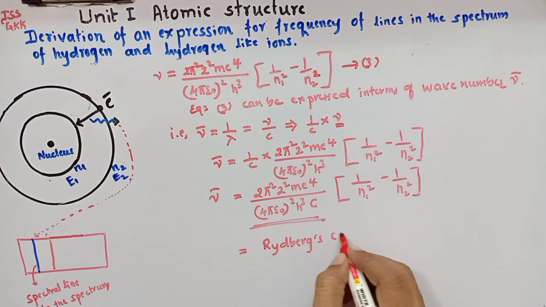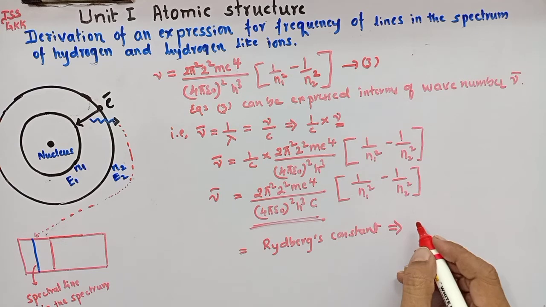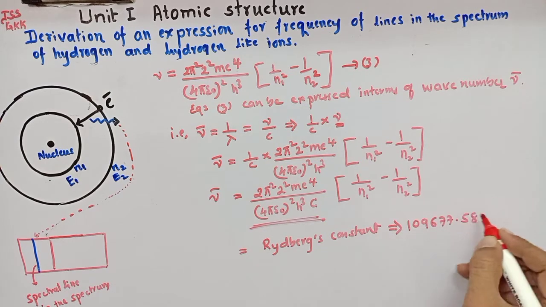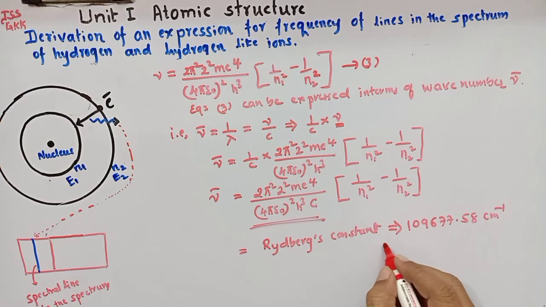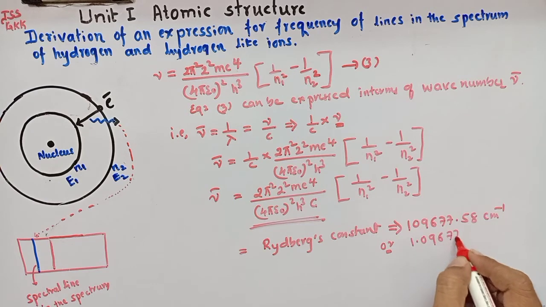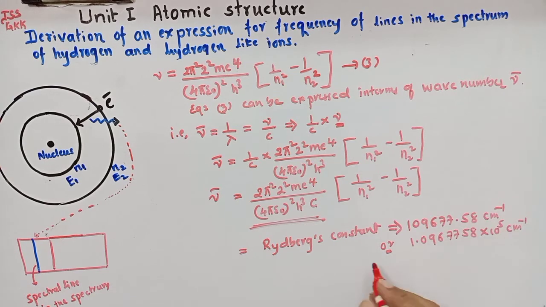Rydberg constant, and its value is equal to 109,677.58 per centimeter, or 1.0967758 into 10 raised to 5 per centimeter, or 109.686 into 10 raised to 5 per meter.